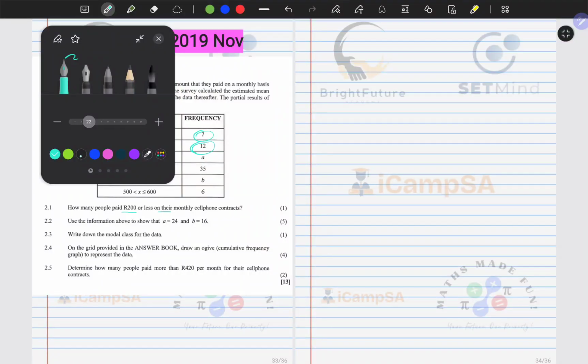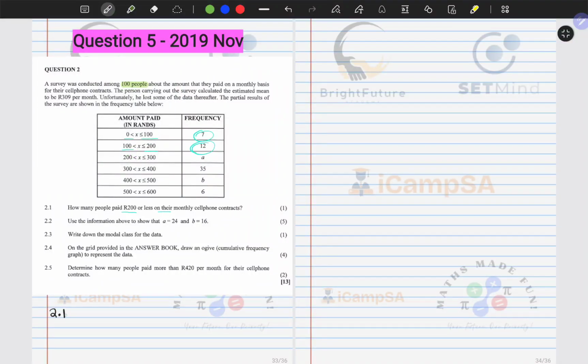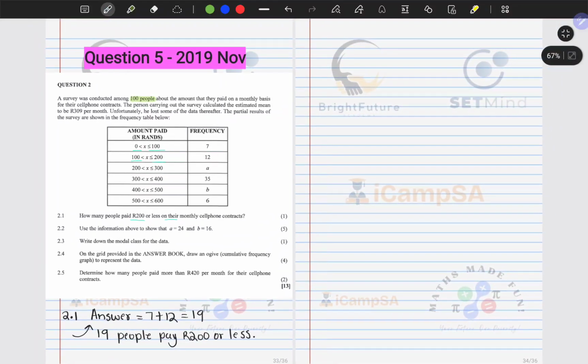If we look at 2.1, our answer would simply be 7 plus 12, which would give you 19. So 19 people paid 200 rands or less. Very simple one. Now let's go to the next one, 2.2.